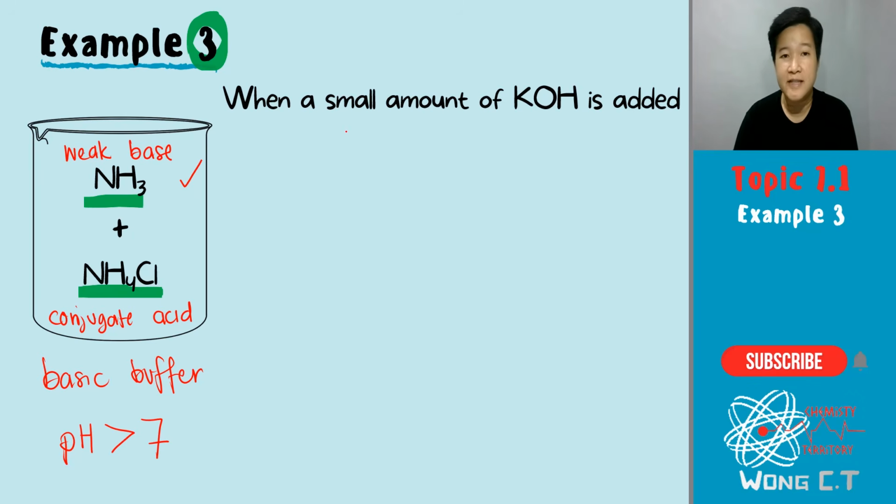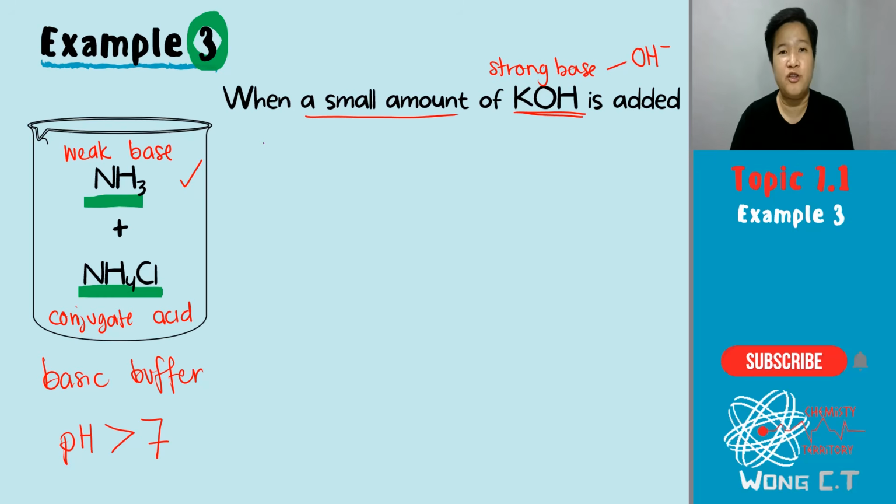And the question is saying right now, what would happen when a small amount of KOH is added? Knowing that your KOH is a strong base, and as always, quite obvious and significant, strong base means we have OH minus, and the same story. So, who will neutralize your KOH? Come on, it's a base.